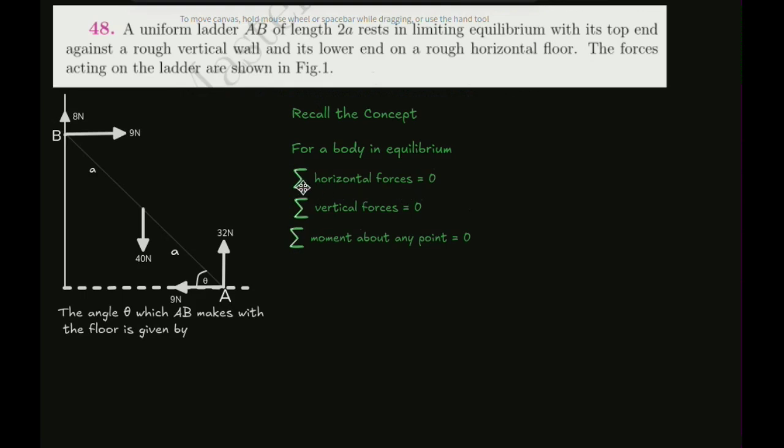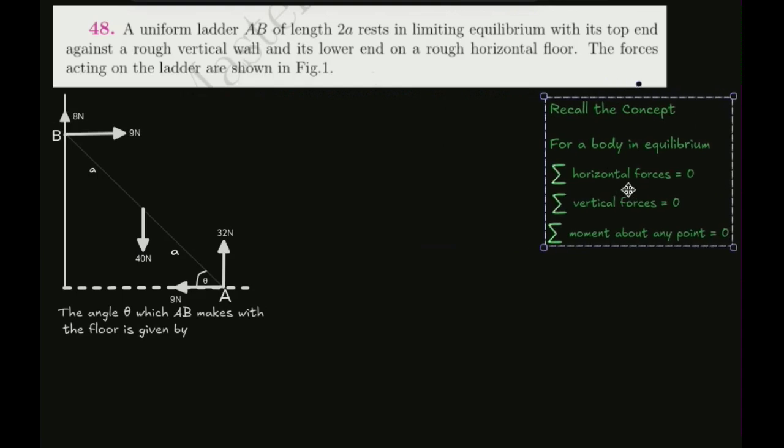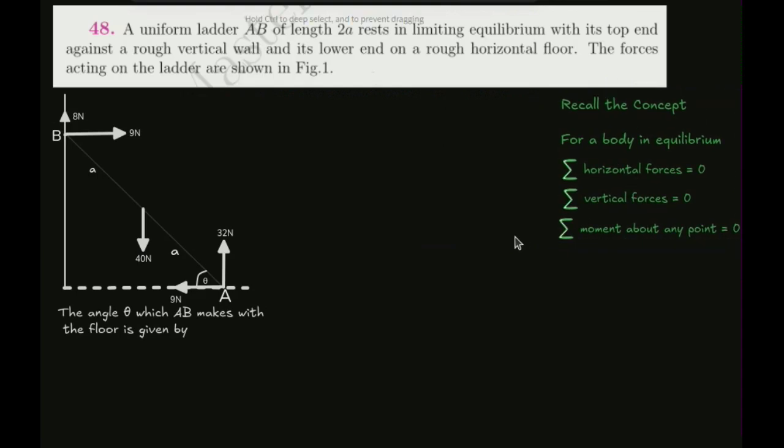That is, the sum of horizontal forces should be 0, the sum of vertical forces should be 0, and the sum of moments about any point should be 0. Now we are going to test each condition to see if our system actually satisfies them.